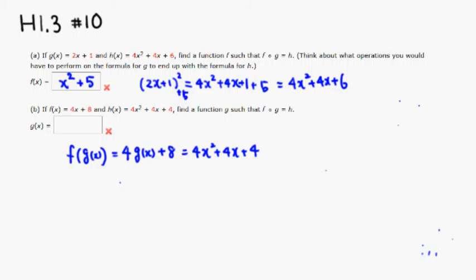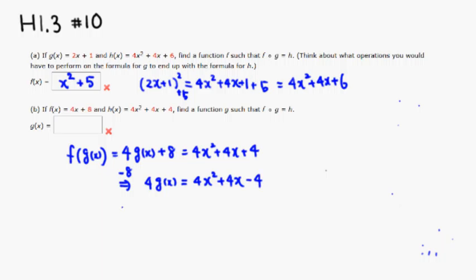In order to isolate g of x, first I'm going to subtract 8. So 4g of x is equal to 4x squared plus 4x, then subtracting 8, it's going to be negative 4.